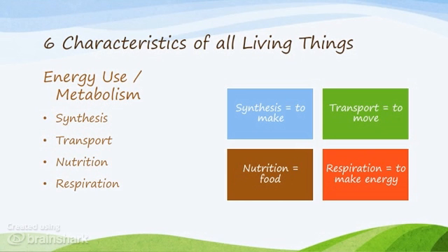Organisms use energy to gain nutrition. For example, we eat food. And organisms use energy in food and convert that to a form that our cells can use. This is called respiration. So all four of these STRIRENGS life processes make up our energy use or metabolism.